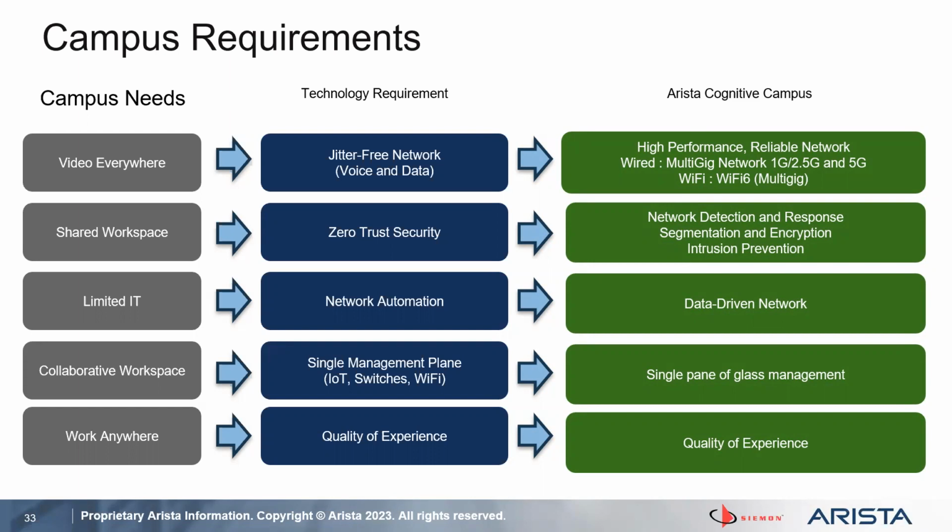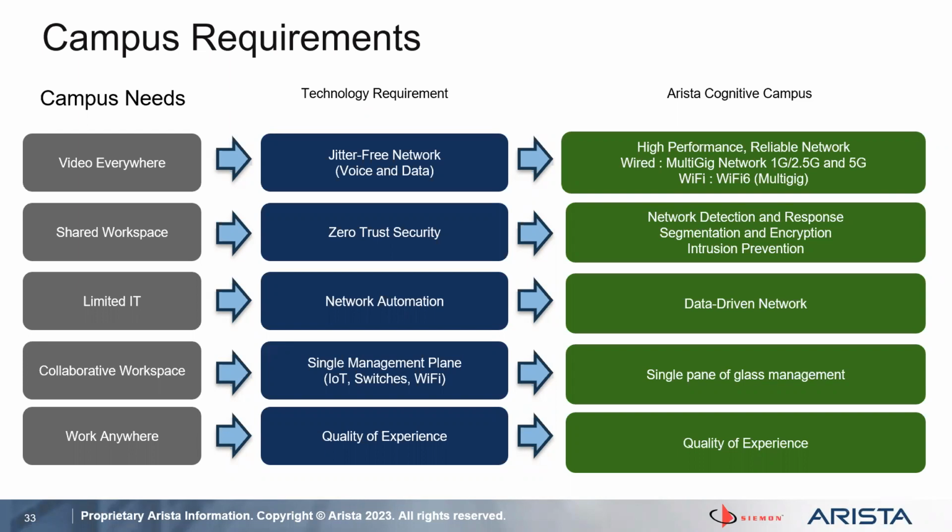And the second thing is the emergence of high bandwidth applications such as video in the network, which is also pushing customers towards this generational change to next gen multi-gig networks. The impact on the infrastructure and cabling, I'll leave it to Gary to discuss that. Second piece is zero trust security.